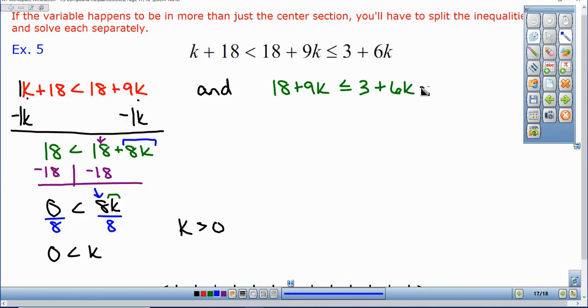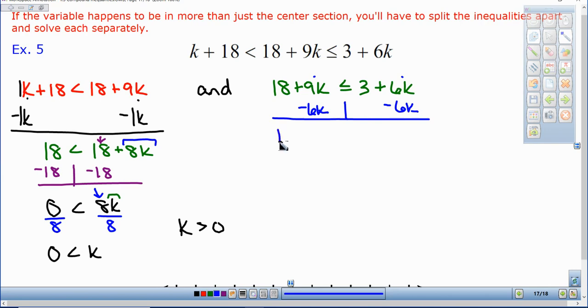We do have variables on opposite sides. I'm going to eliminate one of these variable terms. I'm going to eliminate the 6k. So I'm going to subtract 6k from both sides, and you will get 18 plus 3k less than or equal to 3, and the 6k's cancel out.